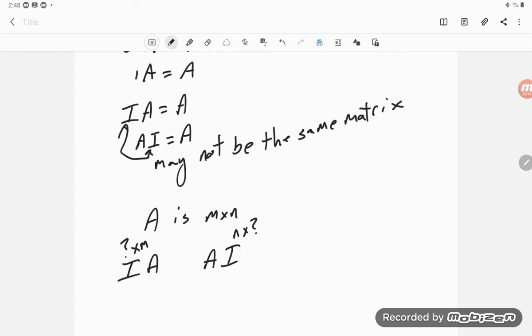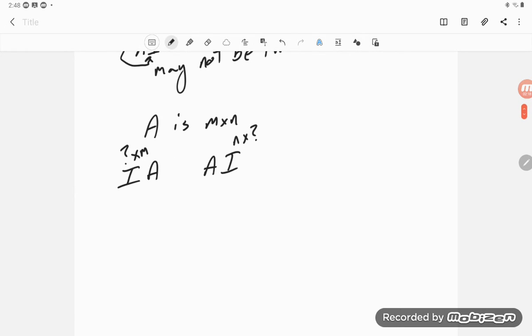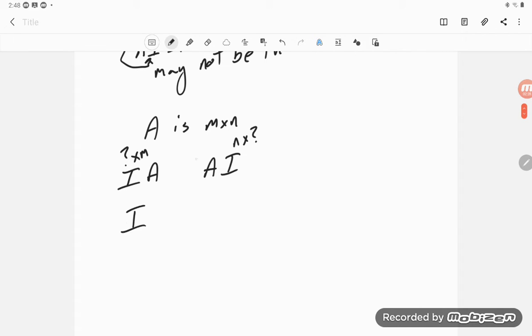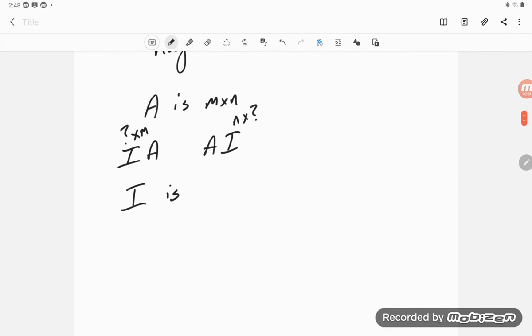Well, if m and n are not the same, then those two matrices would not be the same. So it's kind of a strange sort of thing. The identity may change depending on which side you're on. But I is just, and I'm going to use an n, I could use an m, it doesn't matter, an n by n diagonal matrix.